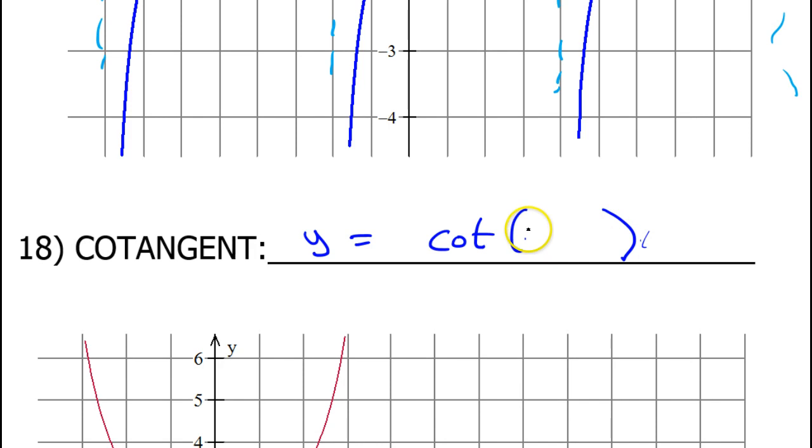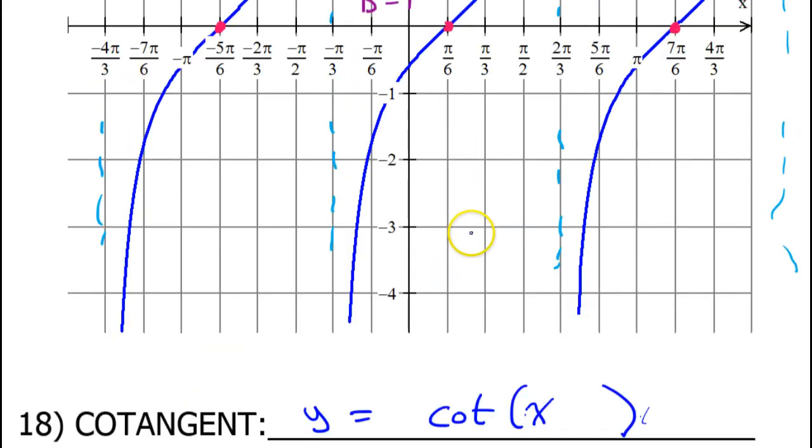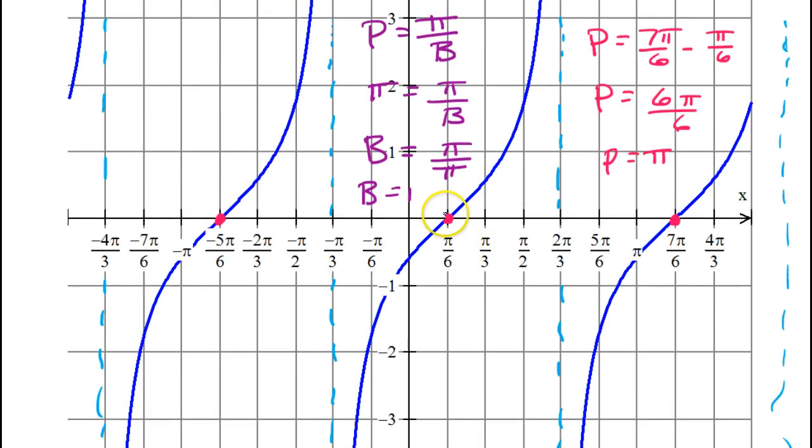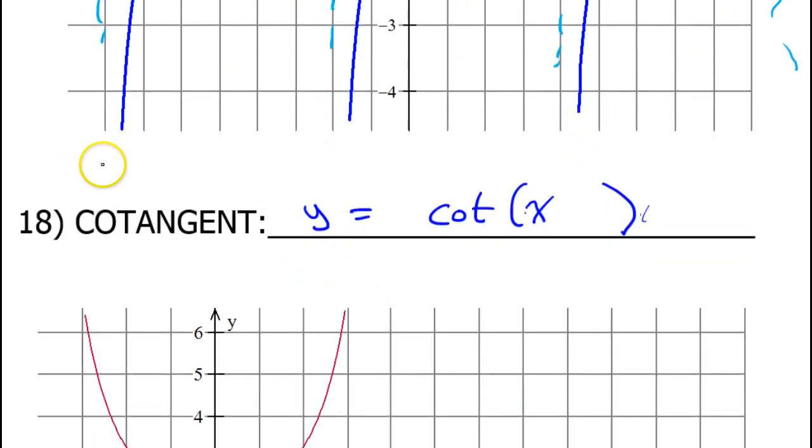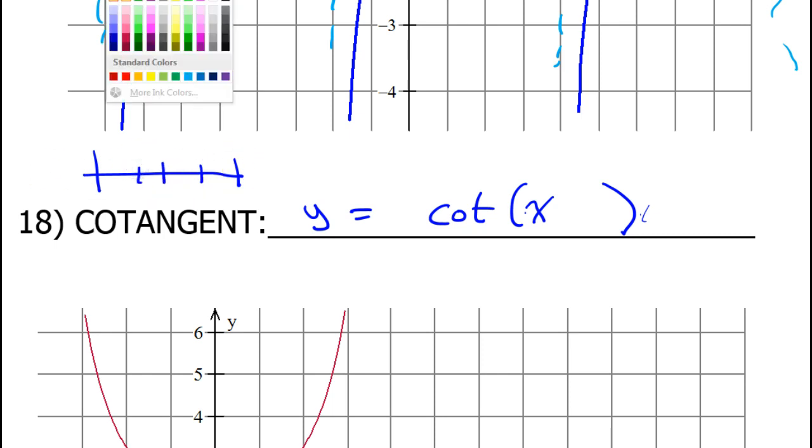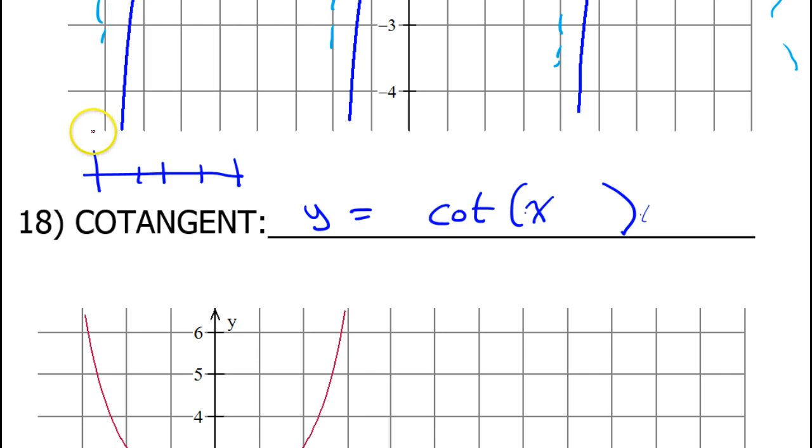Let's go ahead and talk about the phase shift and get that out of the way. For a cotangent function, you have to remember that a cotangent function begins and ends its period with an asymptote. So if this is going to be one period of the cotangent function, cotangent starts its period with an asymptote, it ends with an asymptote, and then there's a point right in the middle.